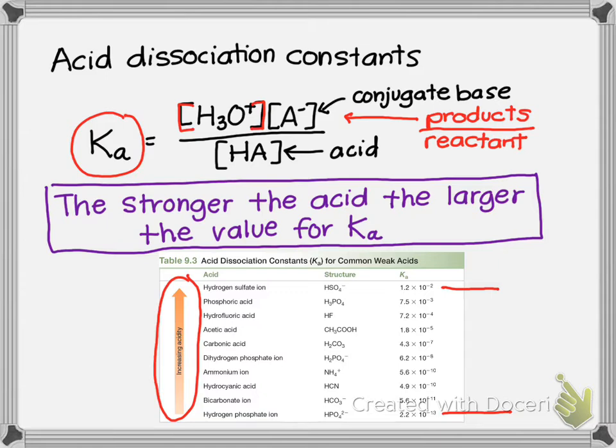So this is a larger Ka, which tells us it's a stronger acid. And this one down here would be the opposite. It has a smaller Ka, so this is a weaker of the weak acids.